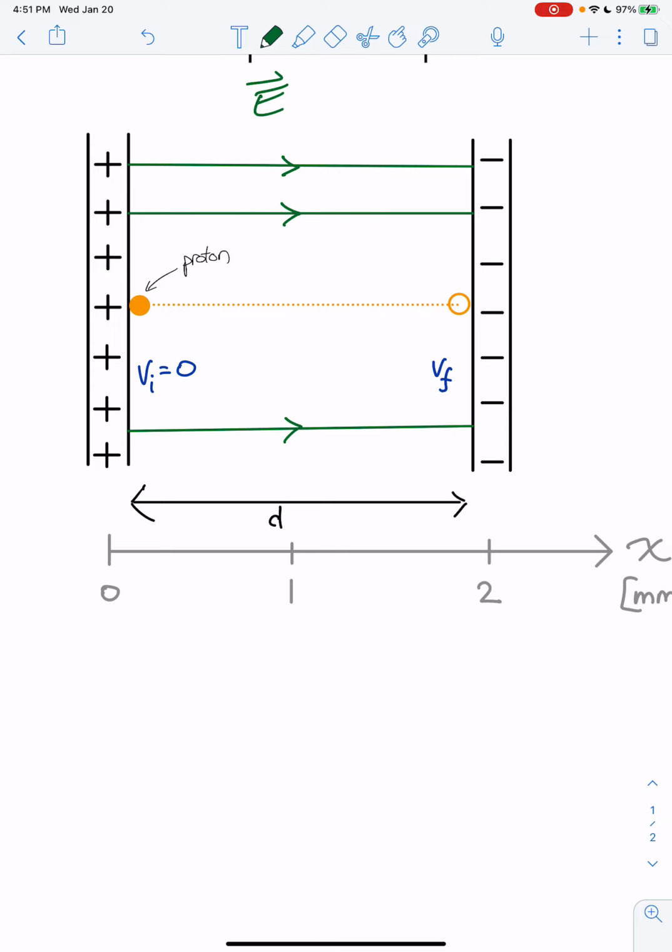Okay, so let's get into quantitatively assessing what's going on. And this is in fact very similar to questions that use gravity to convert gravitational potential energy into kinetic. This is very similar to dropping a ball.